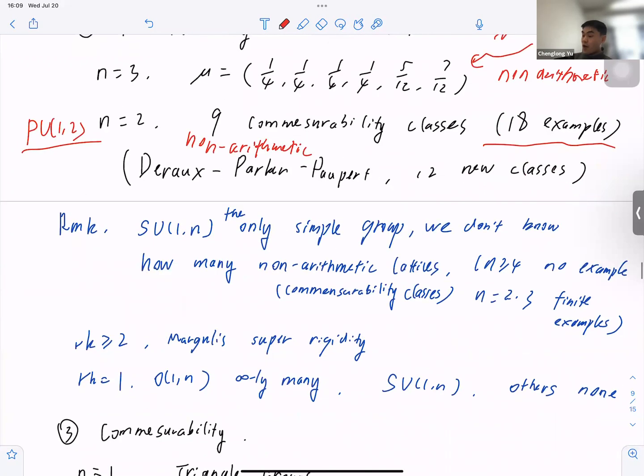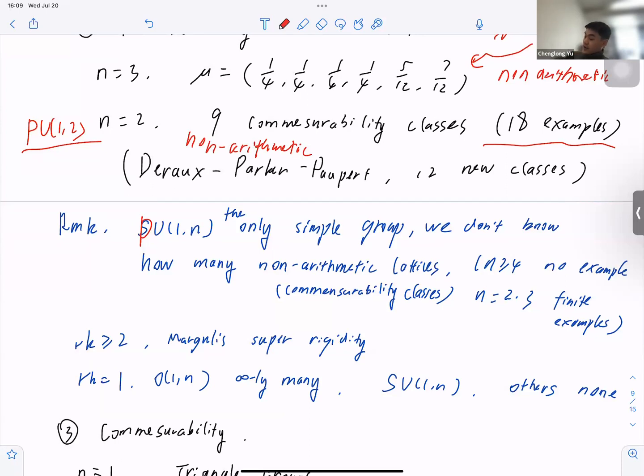One remark on why we care about this. This is also one of the most important motivations from Deligne-Mostow theory. SU(1,n) or PU(1,n) is the only simple Lie group such that we don't know how many non-arithmetic lattices there are in it.